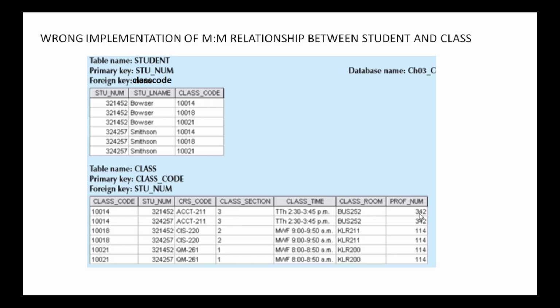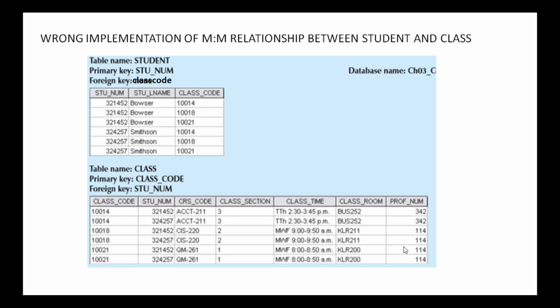Those values are repeated for every class. Why? Because for each class several students are enrolled. So in this table also there is no unique identification of each and every record.